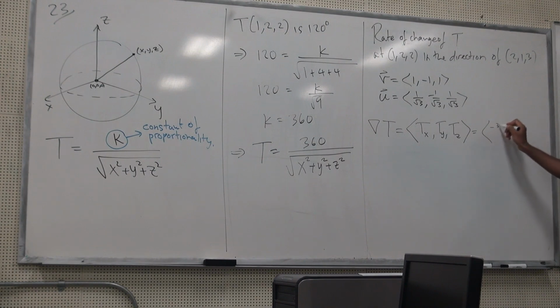Negative 360x over x squared plus y squared plus z squared to the 3 halves. The others are going to be very similar. It's going to be 360y over that, and the last one is going to be 360z over that.